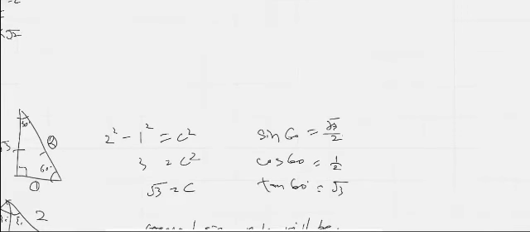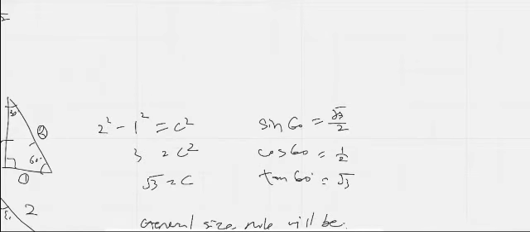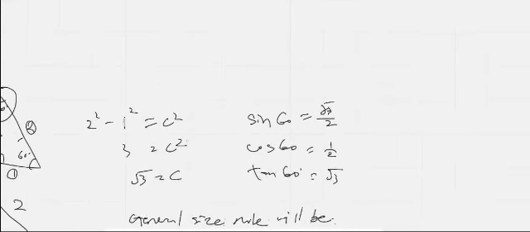So now let's say I want to do sine 30, cosine 30, and tangent 30 with this triangle, with this angle.